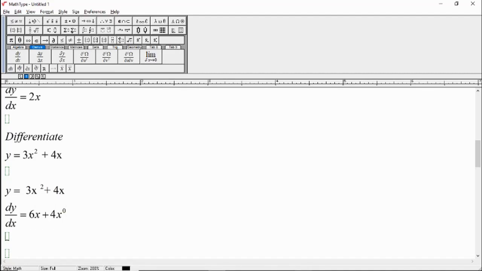But you're not done, because anything to the power of 0 is equal to 1.